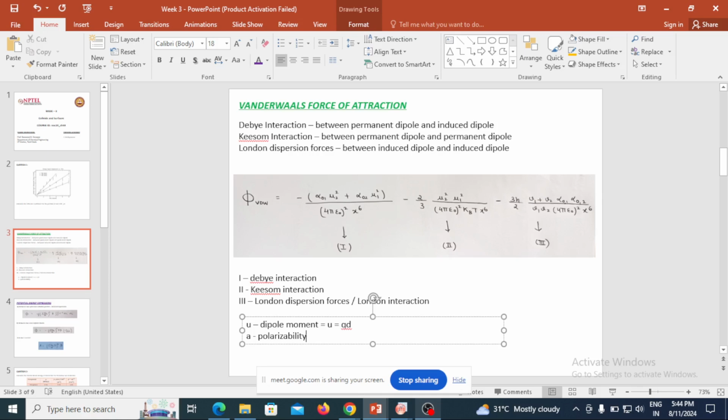Basically, upon placing a neutral atom in an electric field or near a permanent dipole, you distort the electron cloud of the atom and induce a dipole in that neutral system. That particular ability is called the polarizability of a molecule or of a system.